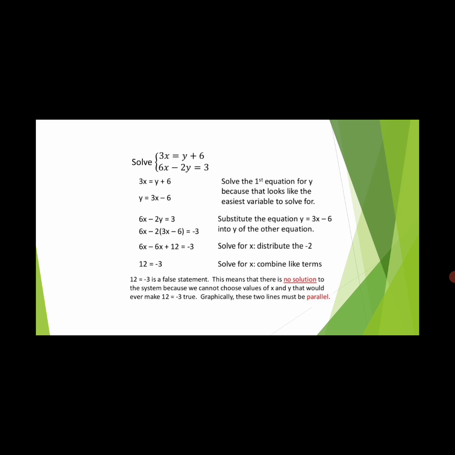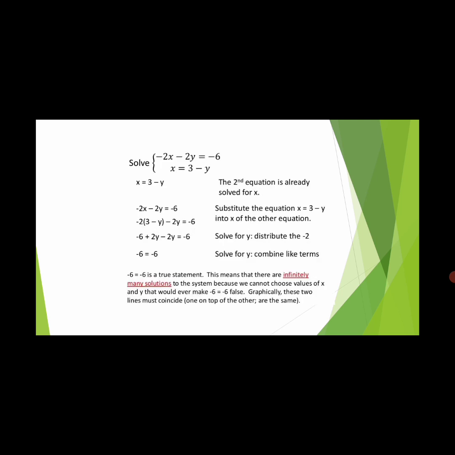So we get 12 equal to minus 3. 12 equal to minus 3 is a false statement. This means that there is no solution to the system, because we cannot choose any value of x and y that would ever make 12 equal to minus 3 true. Graphically, these two lines must be parallel lines.